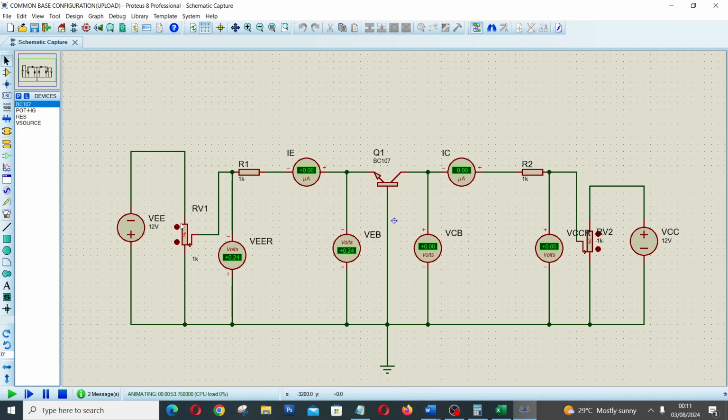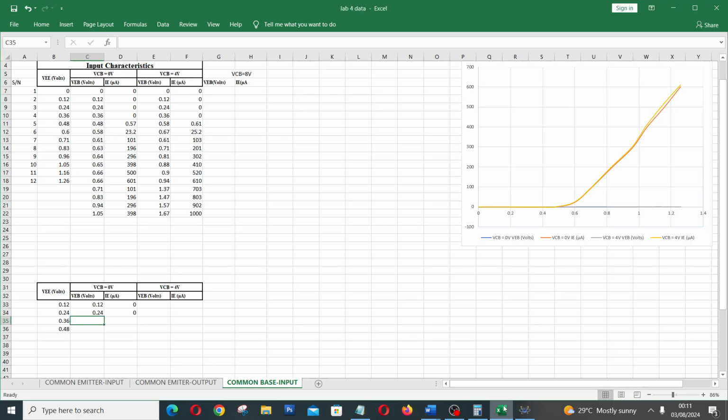When VEE equals 0.36, VEB is 0.36, IE is equal to 0.0. So no change yet. We record the value 0, and go to the next one.